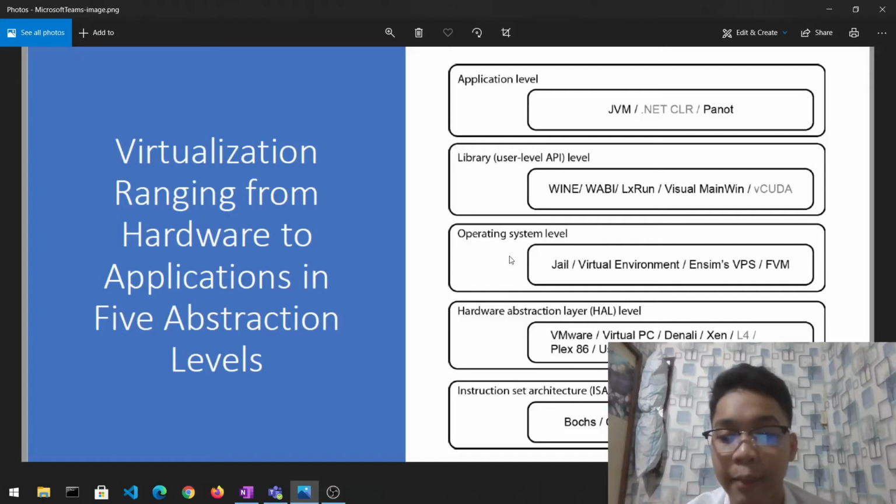The next level is operating system level. Operating system level creates isolated containers on a single physical server and the operating system instances to utilize the hardware and software hardware abstraction layer. The idea is to virtualize computer resources such as processors, memory, and I/O devices. Instruction set level: MIPS binary code can run on an x86-based host machine with the help of ISA emulation.